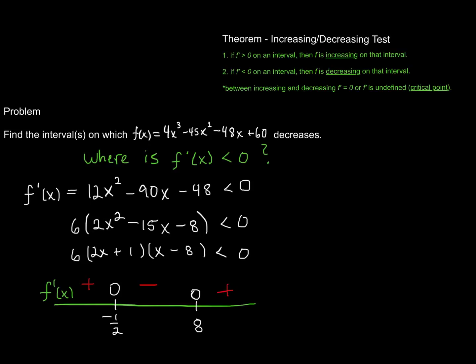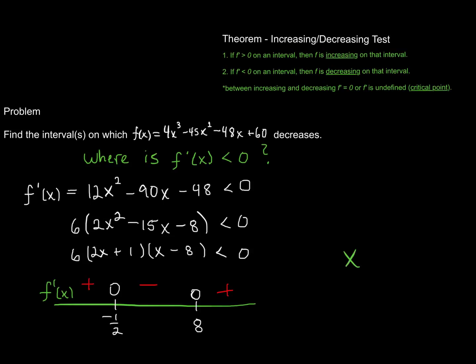So now I can use my sign chart to go back and answer my original question, which is where is f prime of x less than 0? I've set it equal or less than 0, and I've factored so I can find the critical points, figure out where it could be less than 0, and that is on the interval less than 8, greater than -1/2. So I can write the interval in two ways.